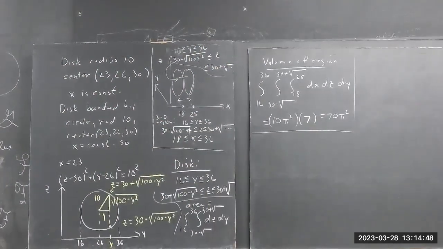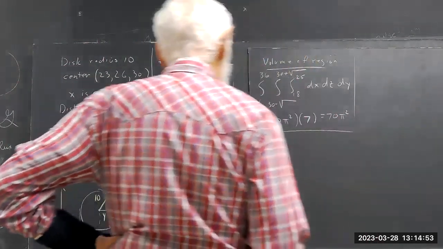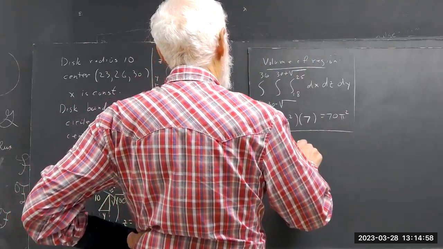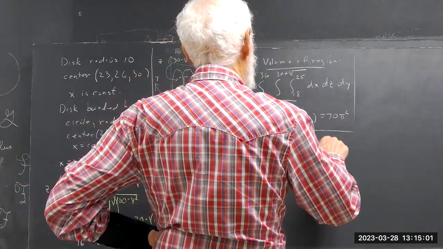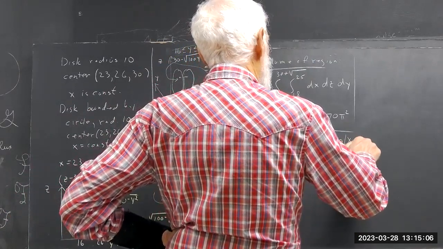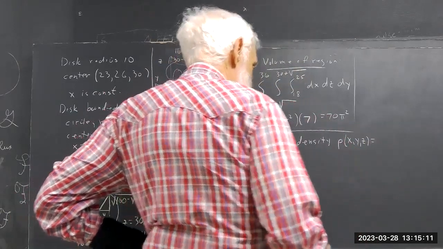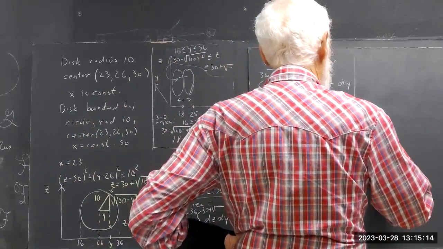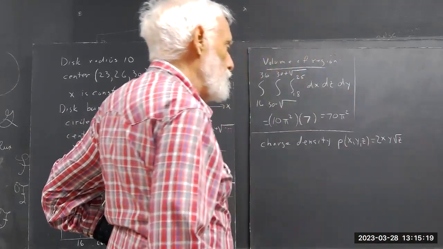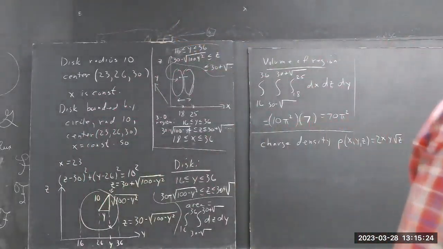Now, if I wanted to integrate, let's say, a density, let's say we have a charge density equal to 2xy square root of z. Okay.